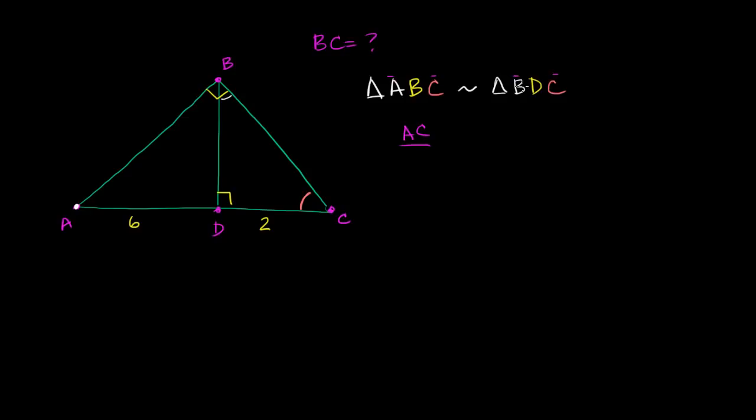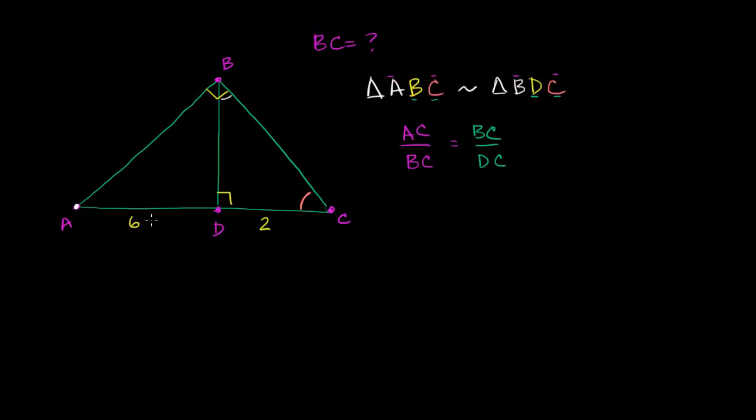The first and the third, AC is going to correspond to BC. And this is interesting because we're already involving BC. And if we look at BC on the larger triangle, BC is going to correspond to what on the smaller triangle? It's going to correspond to DC.